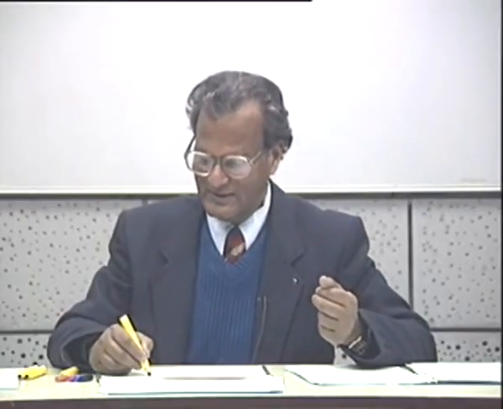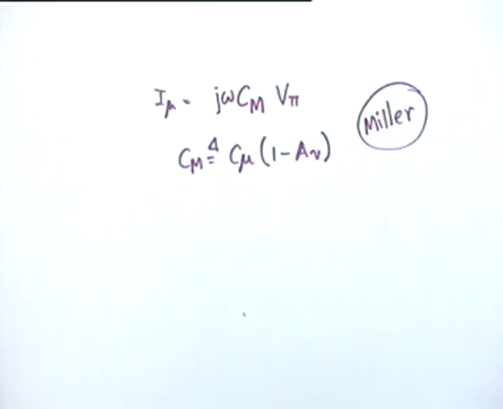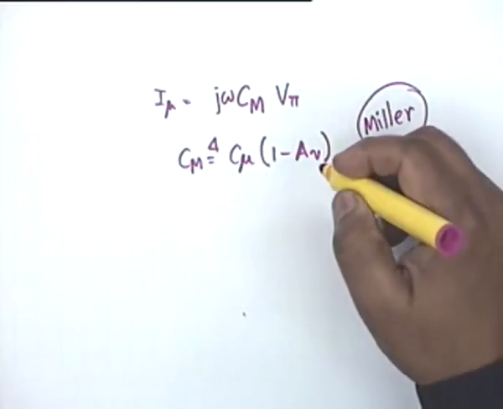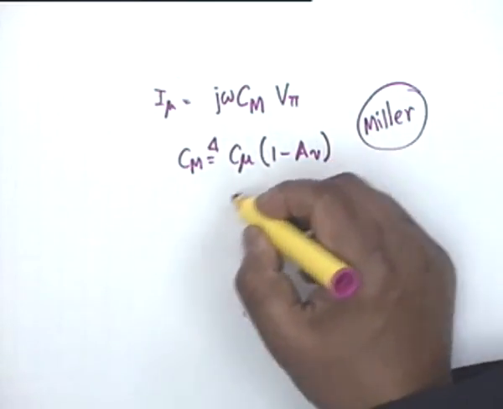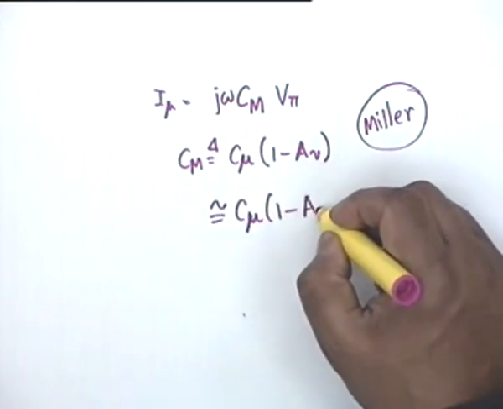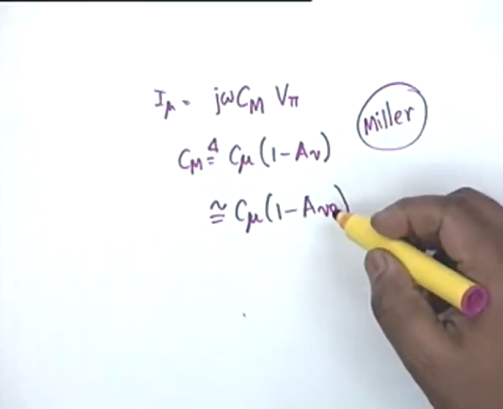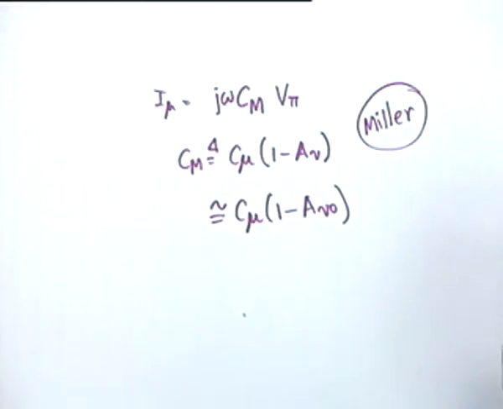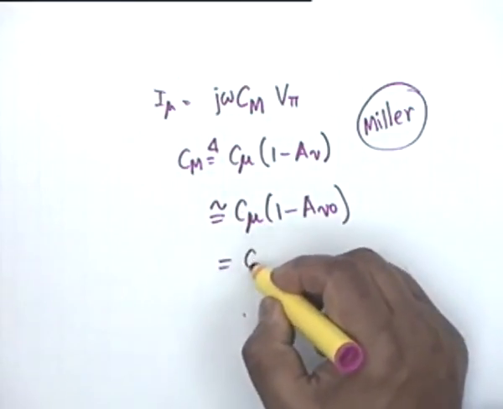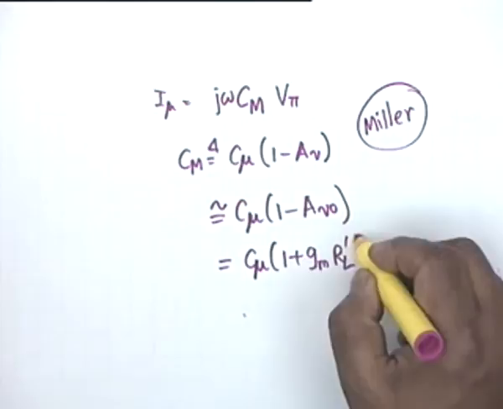Nevertheless, a very bold gentleman by the name Miller, C.J. Miller, said, we don't care whether it is frequency dependent or not. What we will do is approximate this AV by its mid-band value, AV0. If I do that, AV0 is a real quantity, which means this is equal to C mu times 1 plus GM RL prime.